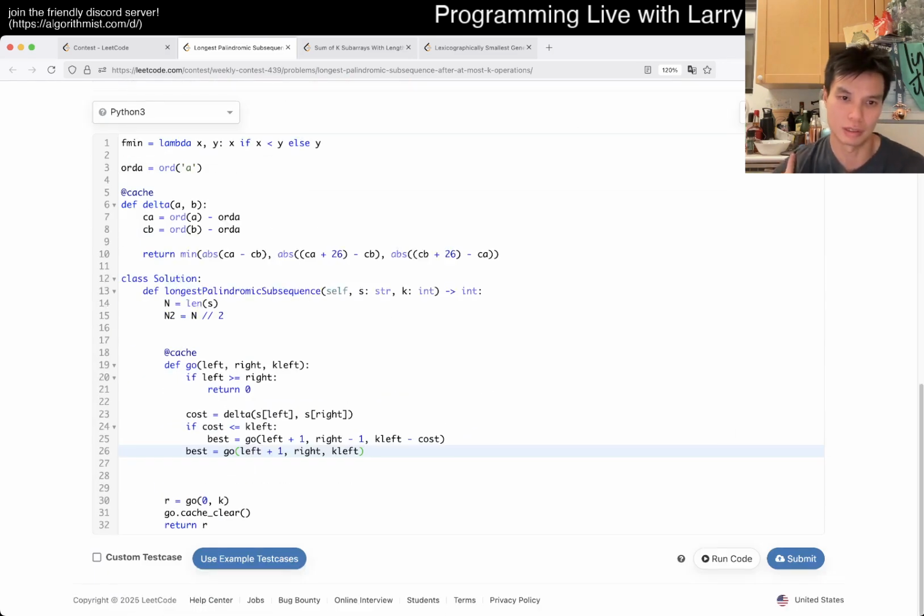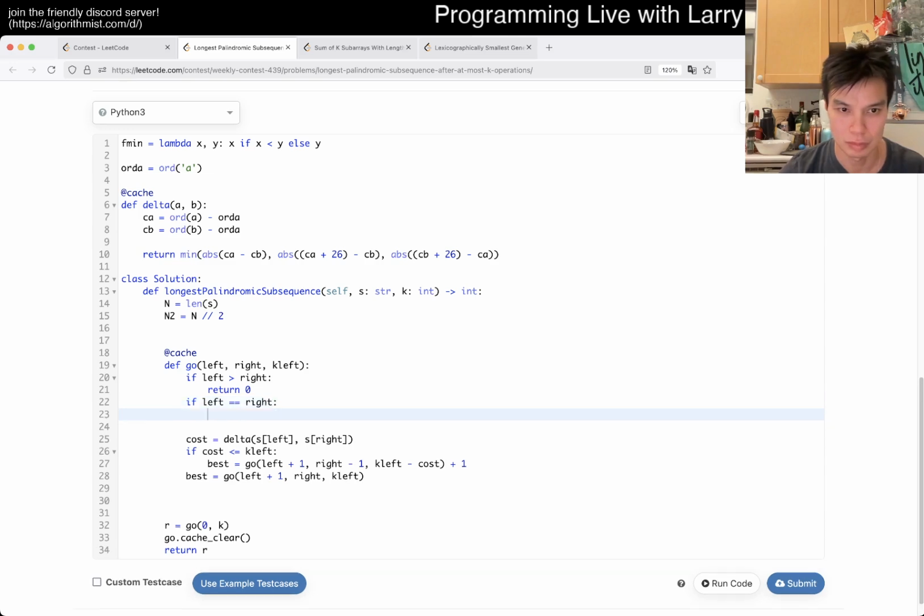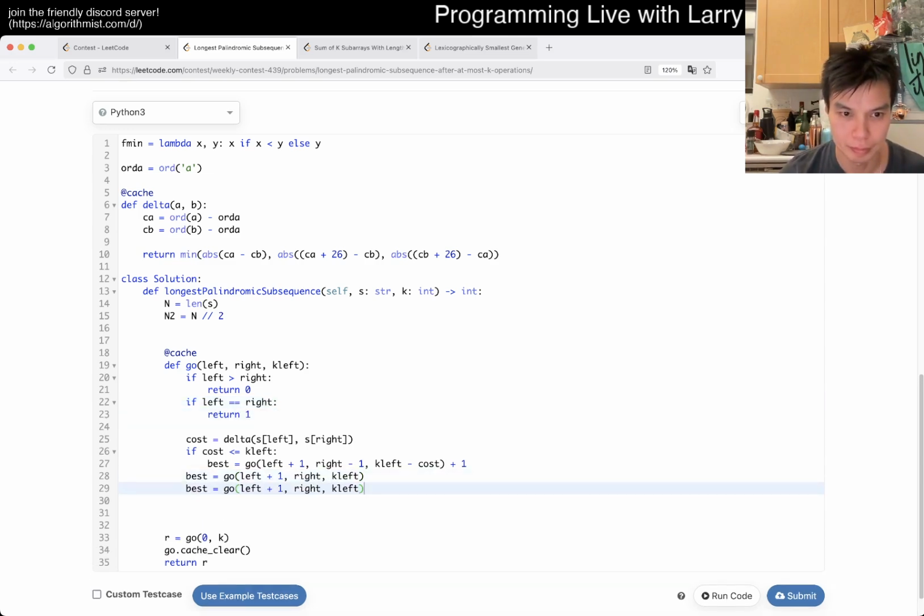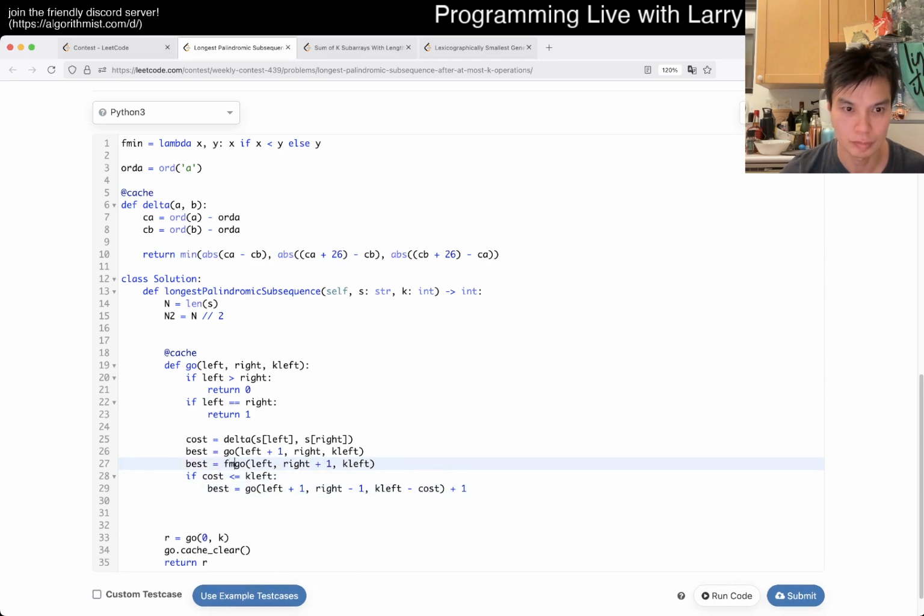Longest, right? So actually it's this plus 1. This is wrong, I forget. Why am I so slow on this one?